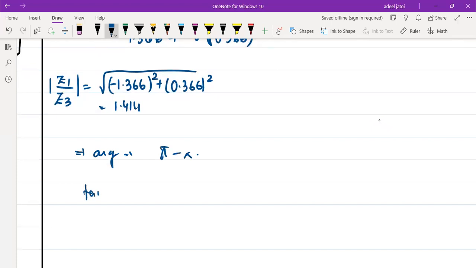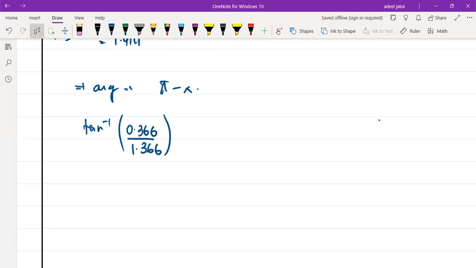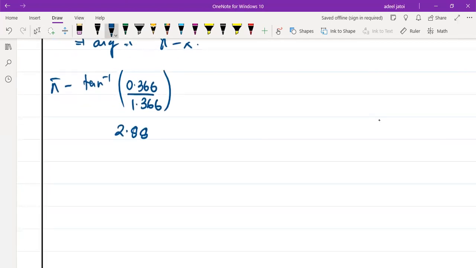To find alpha, we apply tan inverse of 0.366 upon 1.366. If we multiply the answer with pi, the end result we will have is 2.88. So if we write this in the trigonometric form, it should be 1.41 (cos 2.88 plus iota sine 2.88).